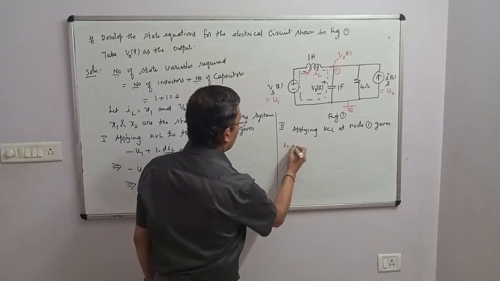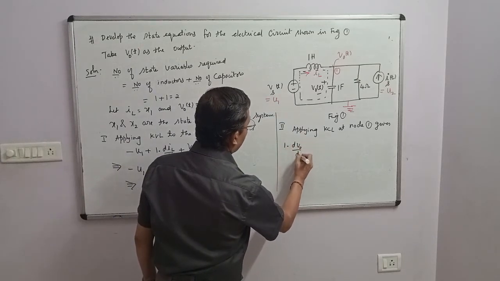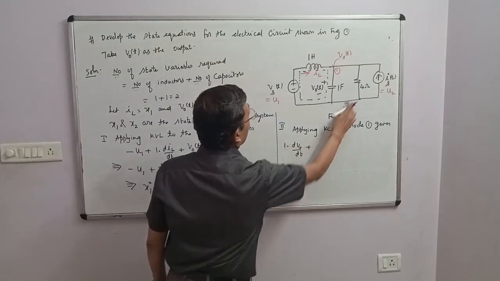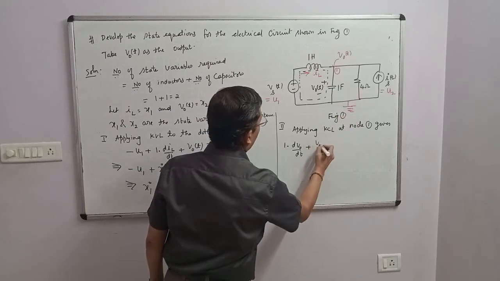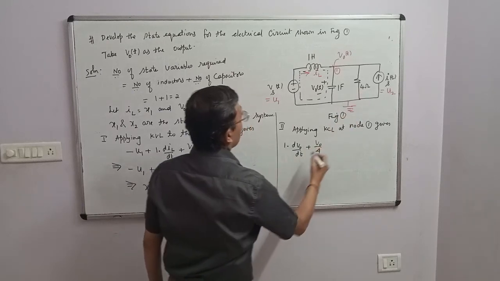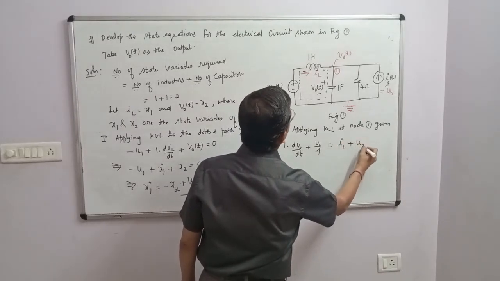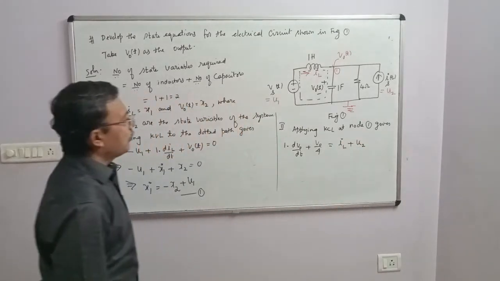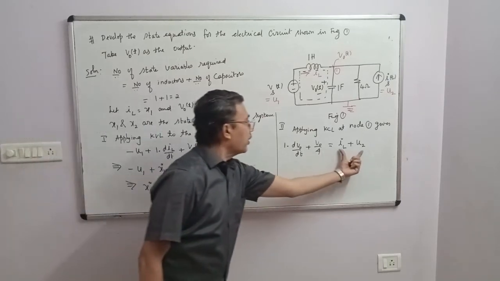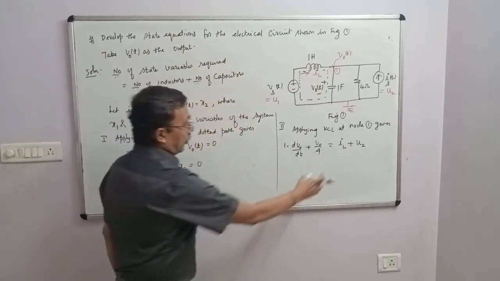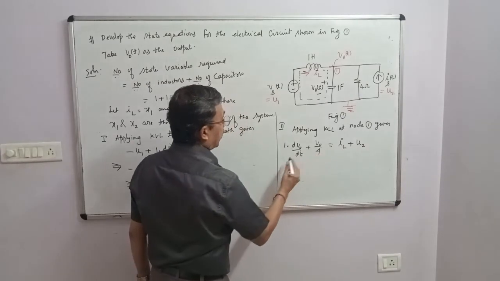So it is 1 into dV naught by dt plus current through this resistor, V naught divided by 4, is equal to sum of the currents entering, that is IL plus U2. These are the currents entering. Sum of the currents entering is equal to sum of the currents leaving.